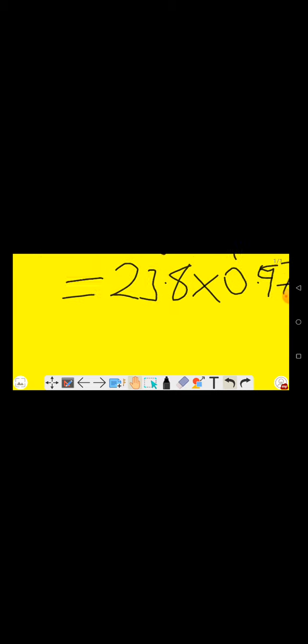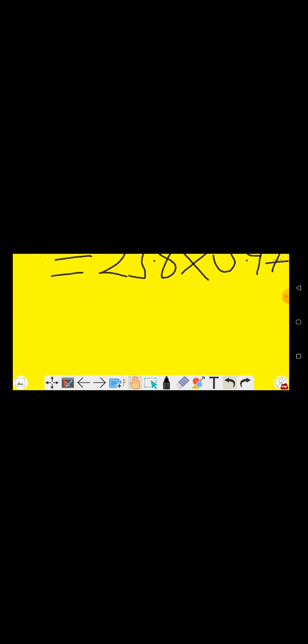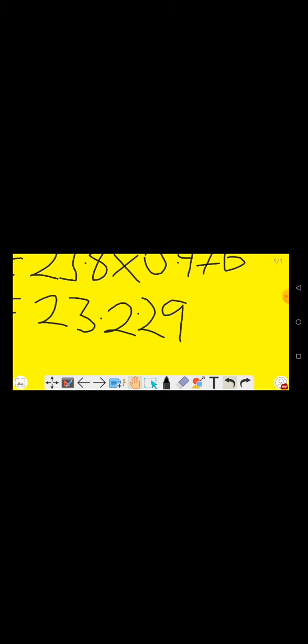When we multiply that, we find that the vapor pressure of the solution is equal to 23.229 torr, because these are the units we are dealing with for pressure. So this is the vapor pressure of the solution.